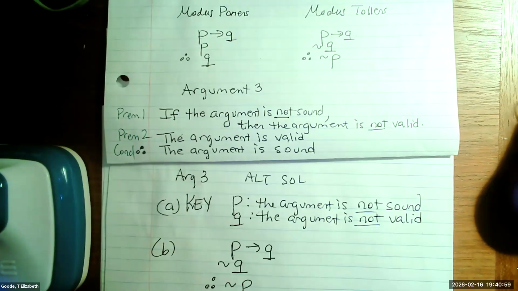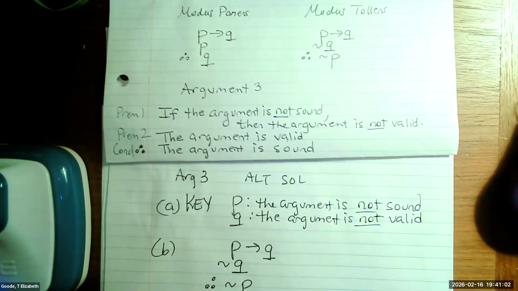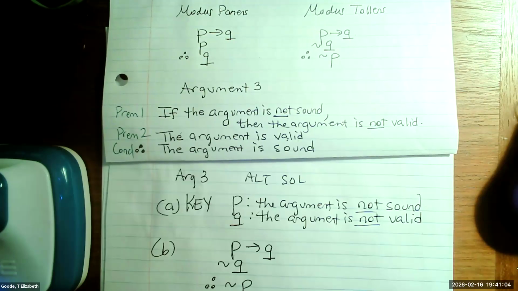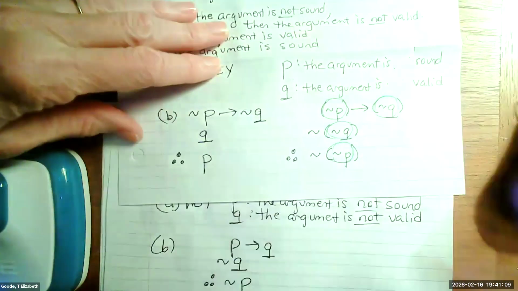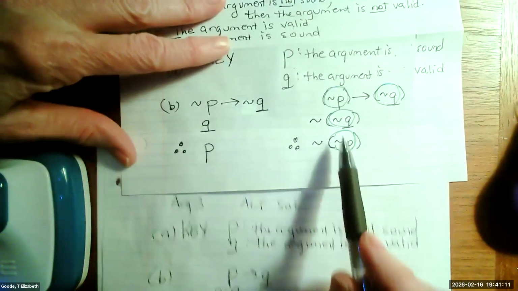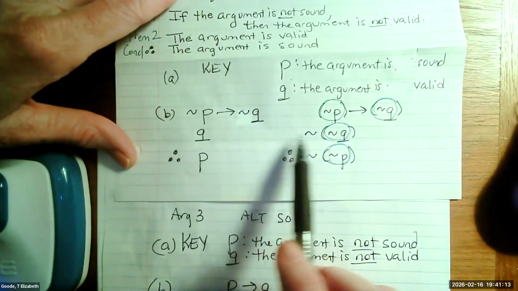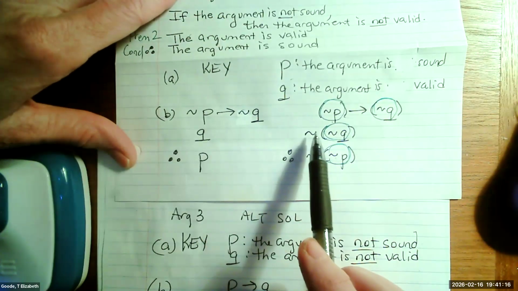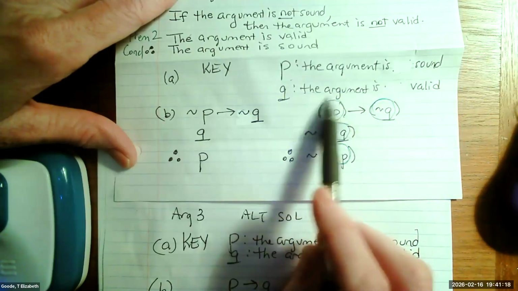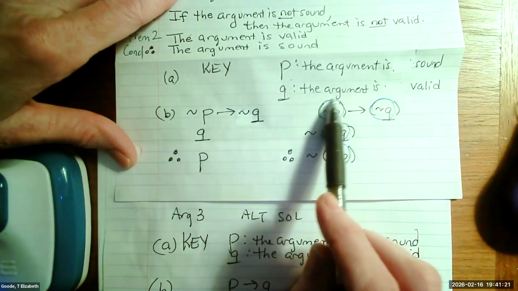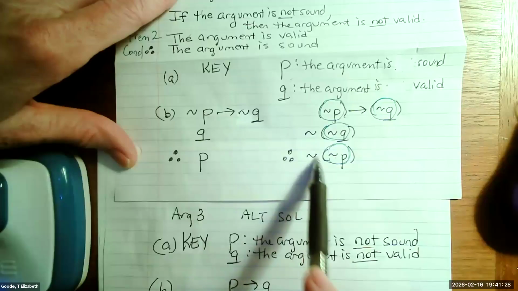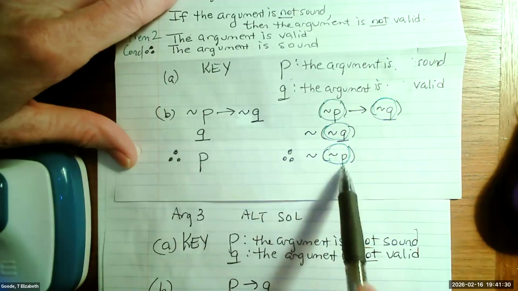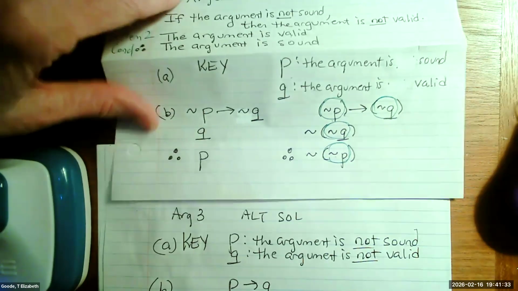So this was a little bit of a mind bender, right? Just for fun, to help you understand that, well, one, if you did it the first way, you have to just realize that Q is the same thing as not Q. And then you have to group these and realize this is the hypothesis, this whole thing is the conclusion, this is the negation of the conclusion, and this is the negation of the hypothesis. See what I mean?